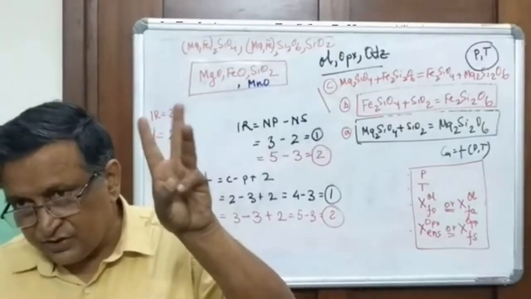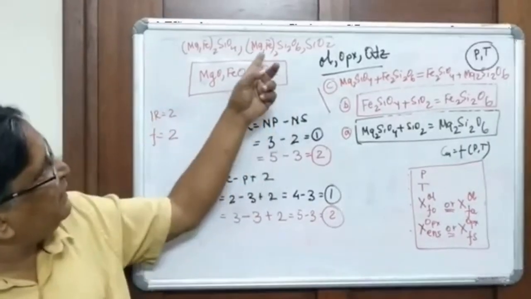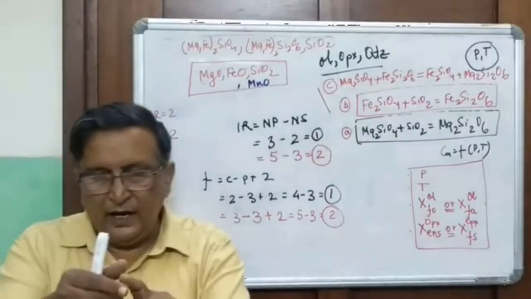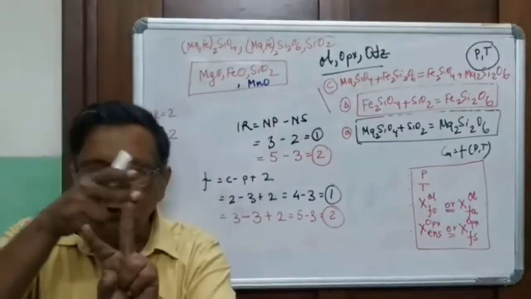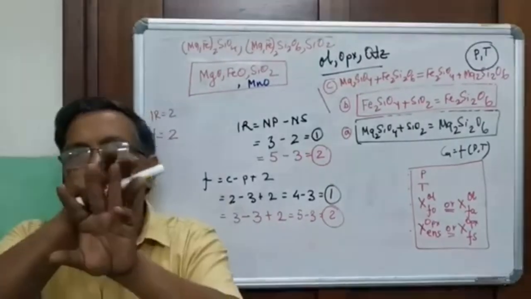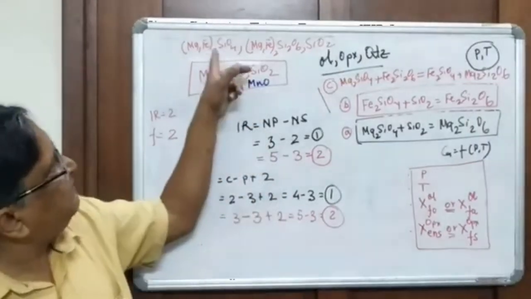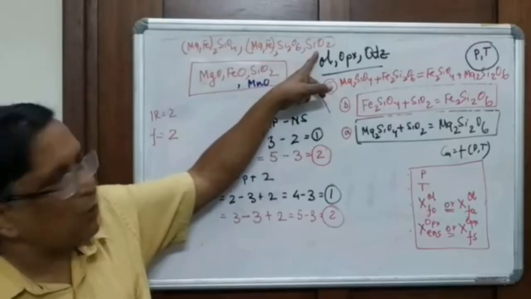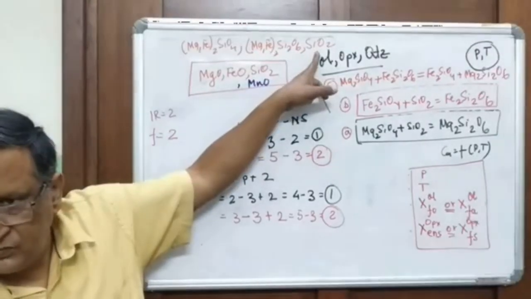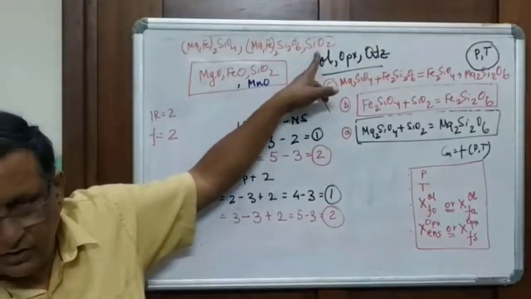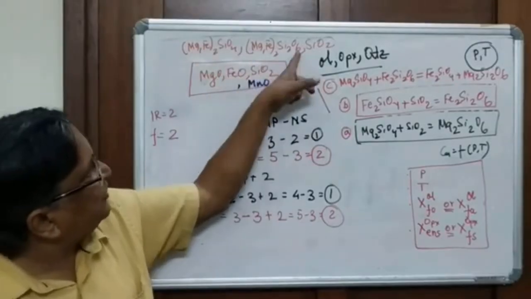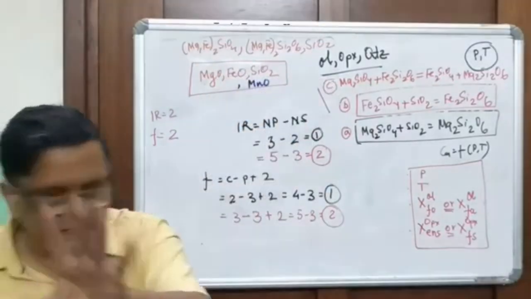Three phase compounds for olivine. Similarly for orthopyroxene, Mg2Si2O6, Fe2Si2O6, Mn2Si2O6. Three phase compounds. 3 plus 3 plus 1, 7 phase compounds.